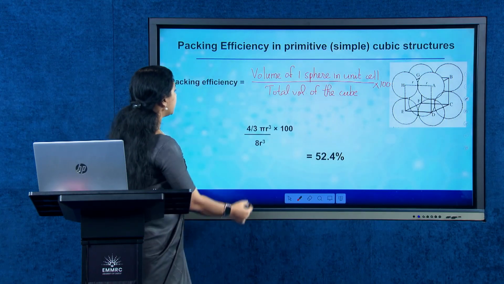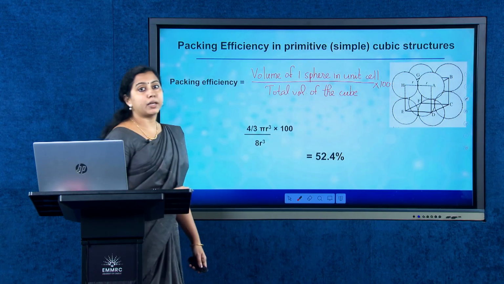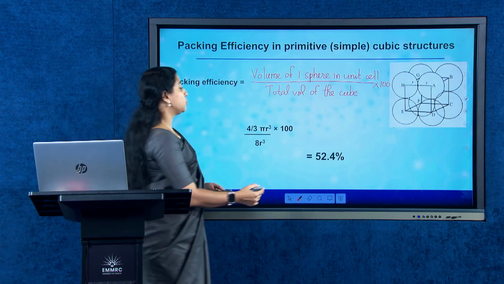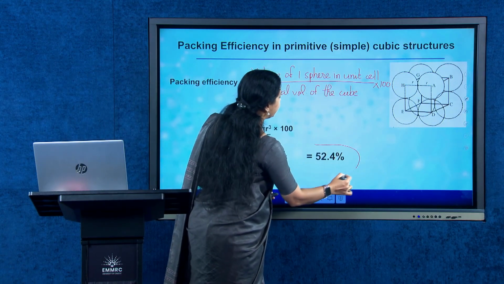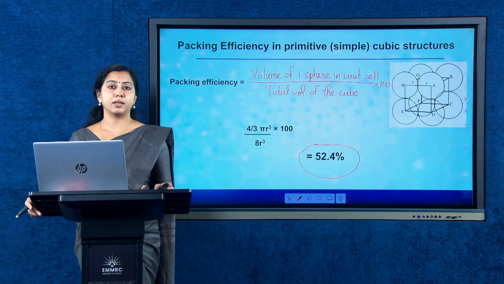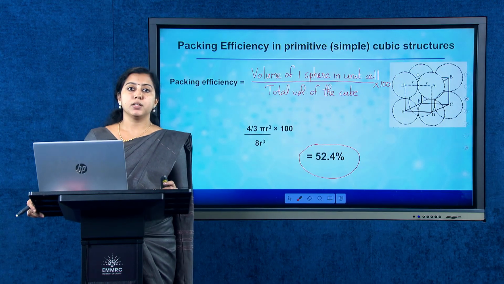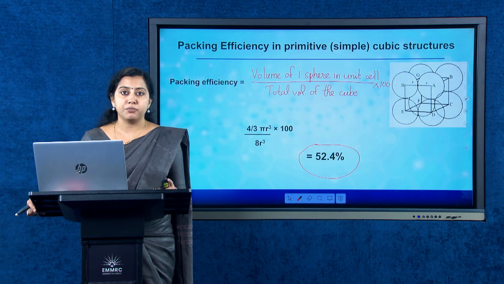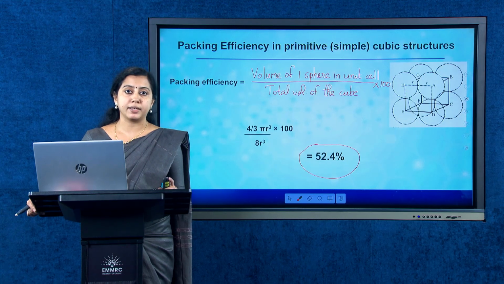So, that will be equal to 4 by 3 pi r cube by 8 r cube into 100. So, that will correspond to 52.4% of packing efficiency. So, we have seen and calculated the packing efficiencies in different types of cubic lattices.